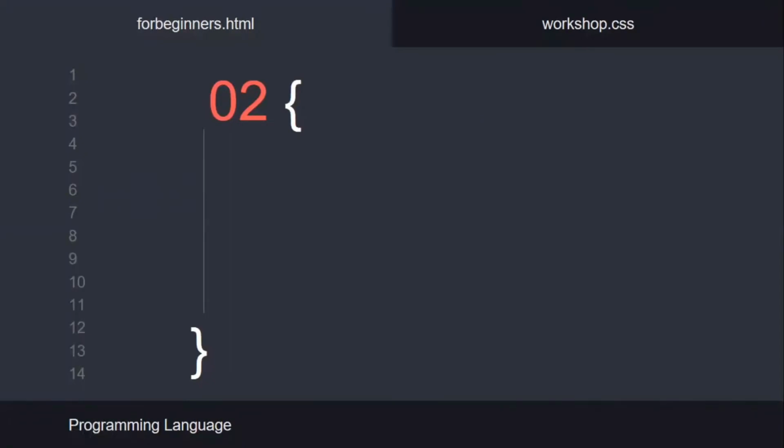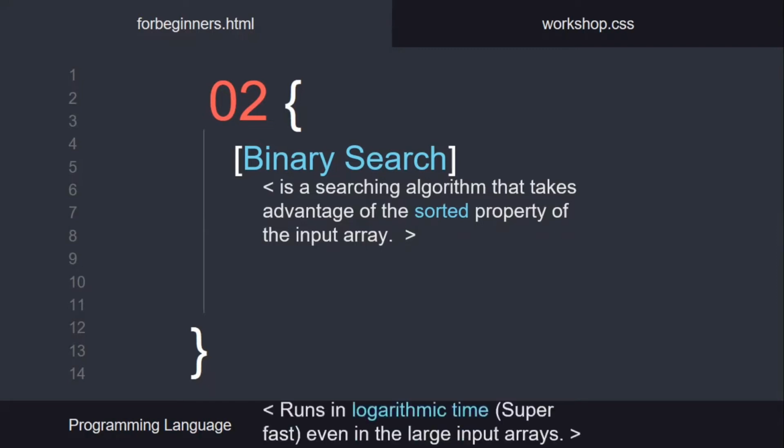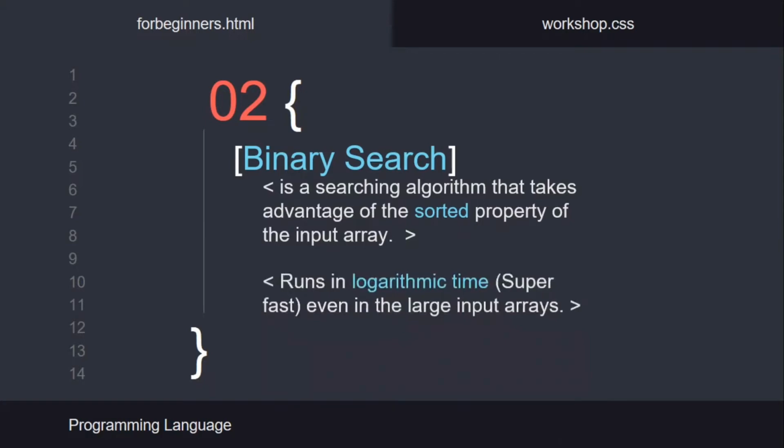So next, number 2, the binary search. So what exactly is binary search? Well, binary search is a searching algorithm that takes advantage of the sorted property of the input array. So it runs in logarithmic time, which is super fast, even on large input arrays.